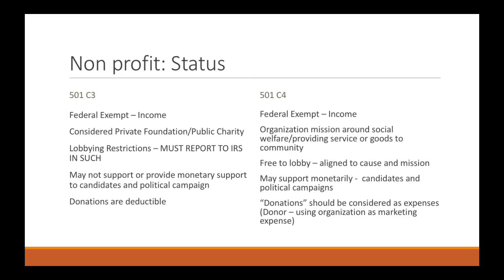Not a dime can be allowed as long as you're under that C3 filing. Under C4, though, the complete opposite. Under a C4 organization, one can support monetarily candidates and political campaigns. That's why all super PACs are now a C4 classification, because they're allowed to do so.